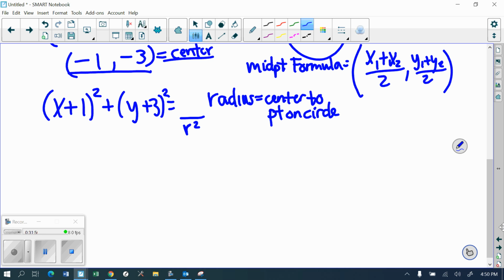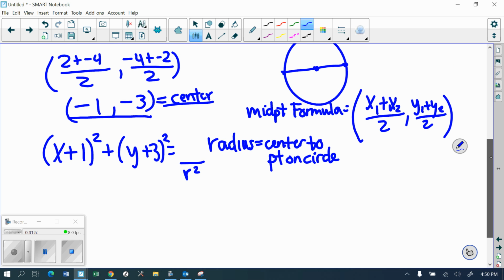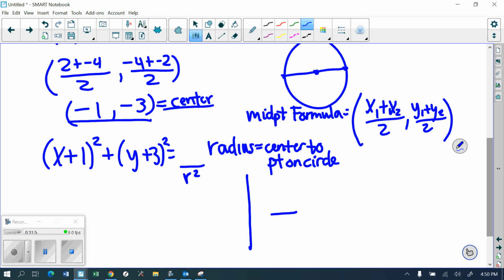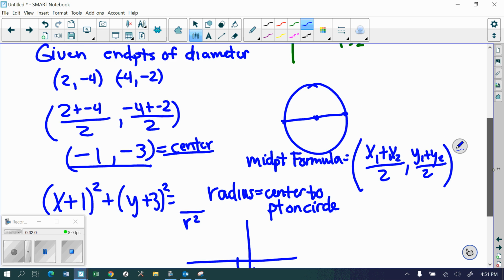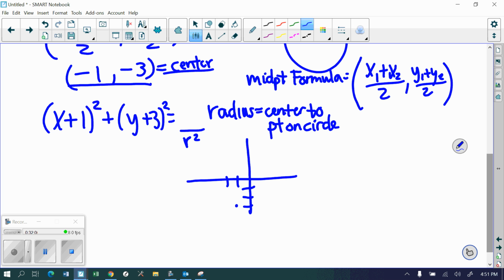Okay, so my center was negative 1, negative 3, and one of the points, 2, negative 4, or negative 4, negative 2. We'll go negative 4, negative 2 right there.